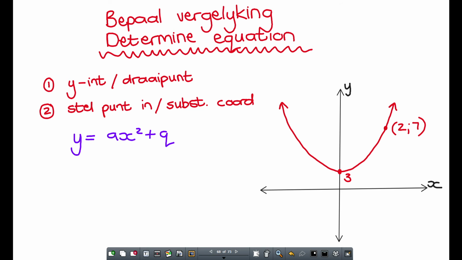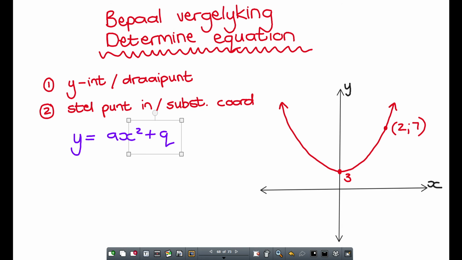Okay. Goed, so, die algemene formule vir 'n parabool, is mos y is gelyk aan ax kwadraat plus q. Nee, okay, so let's start with step 1, the y-intercept, the turning point, jou draaipunt. Watter deel van my vergelyking stel daai punt voor? Hierdie plus q. Do you guys agree?